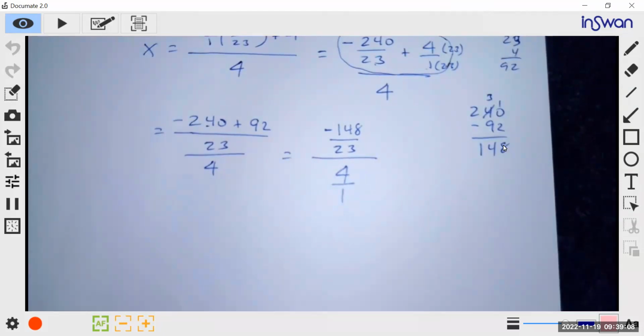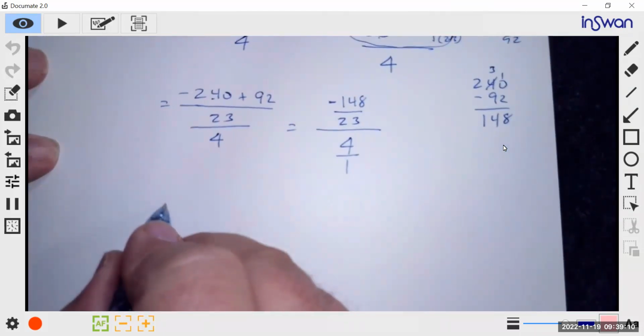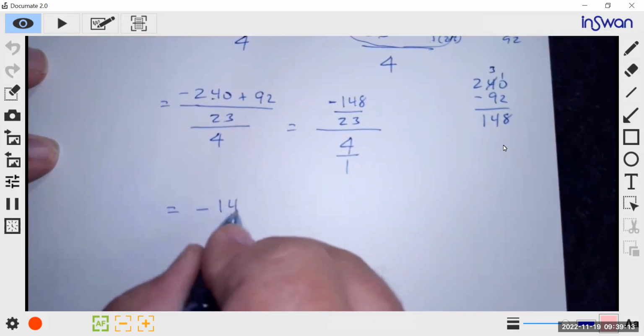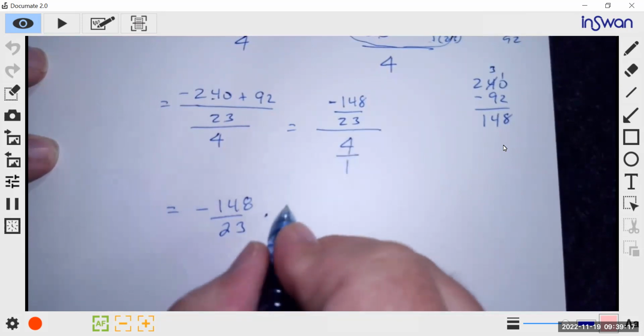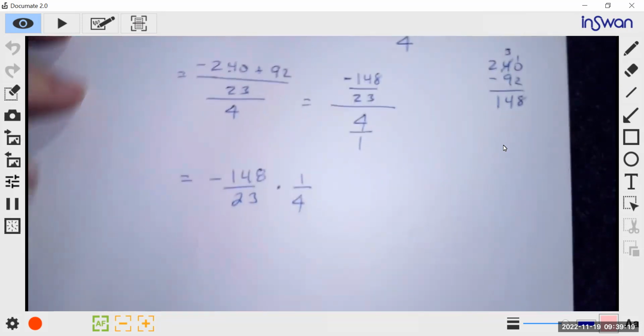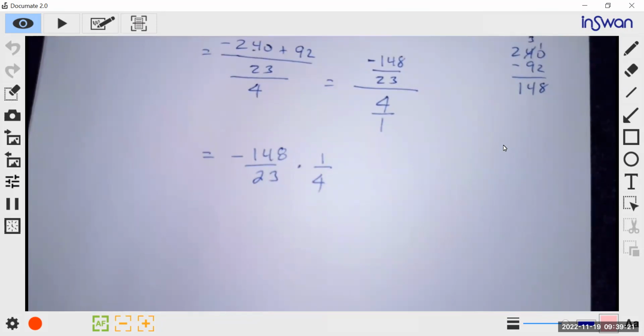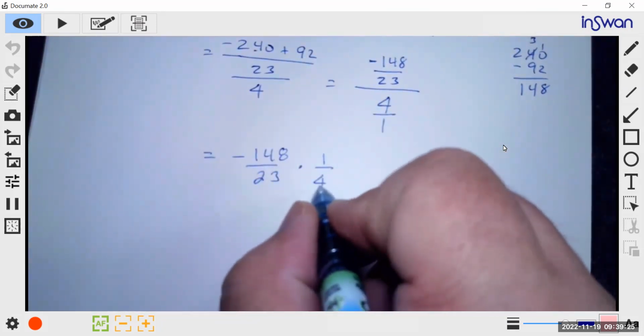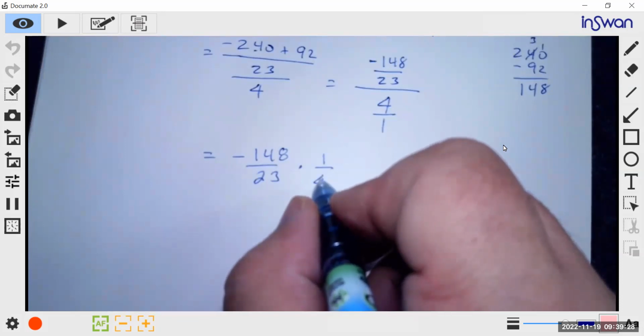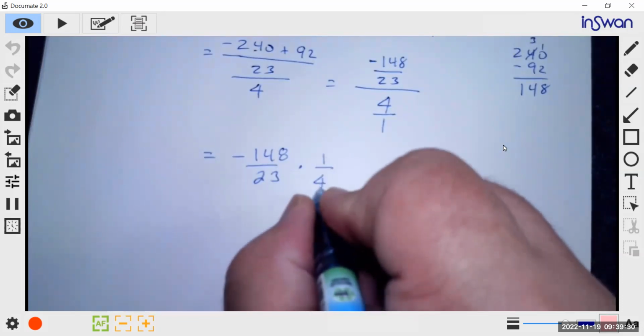Now we have a fraction over a fraction. Take the top one, leave it alone, multiply by the flip of the bottom. Can anything cancel? Well, 2 goes into both of those.